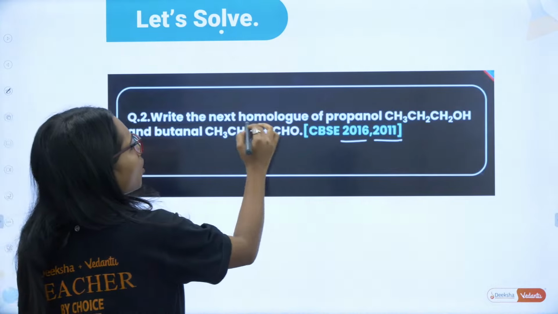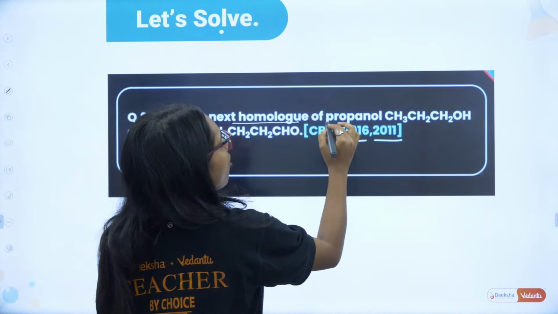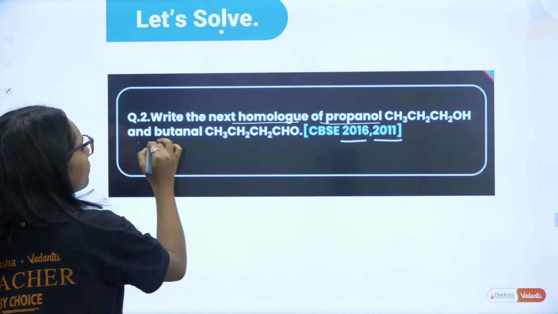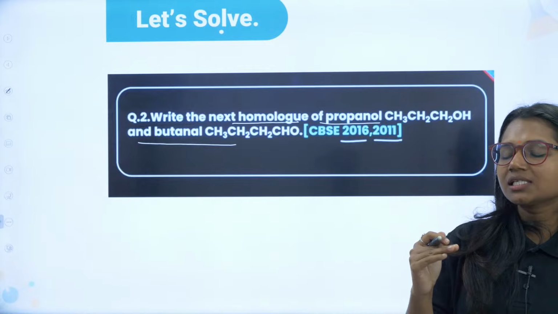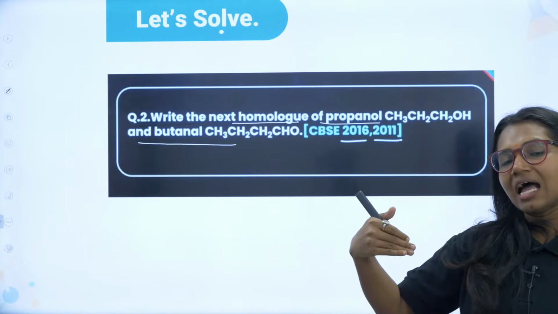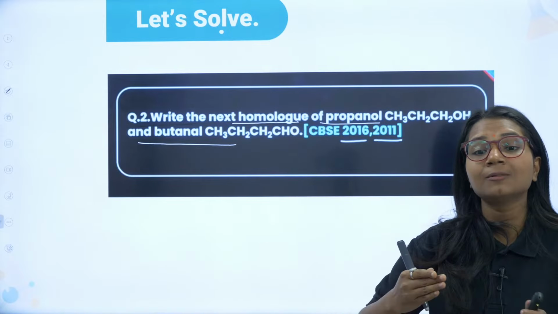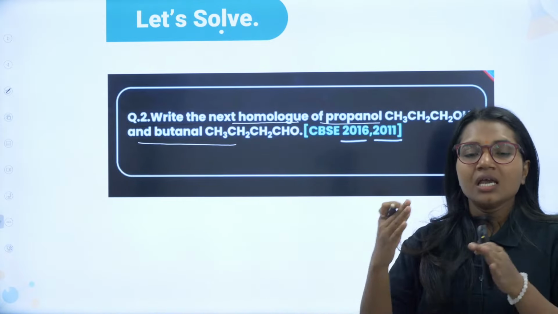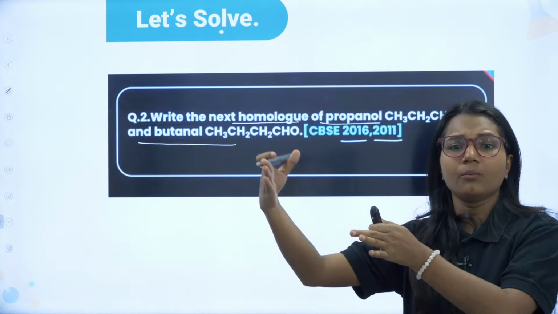Write the next homologue of propanol and butanol. What is the meaning of homologous? We start with methane, next carbon ethane, after that propane. Same way, if this is the alcohol series: methanol, ethanol, propanol, butanol.